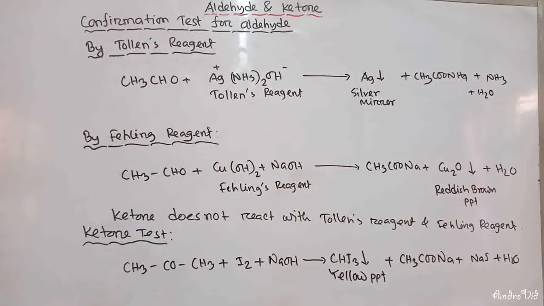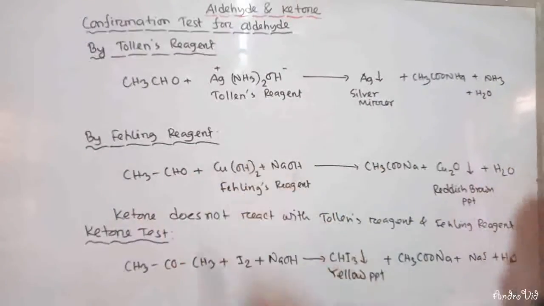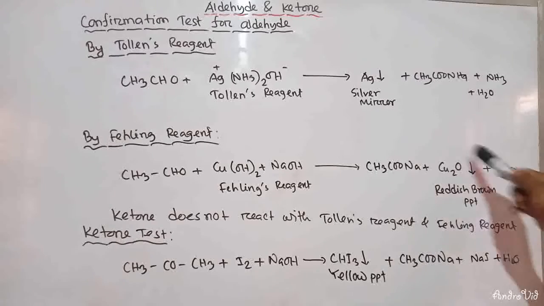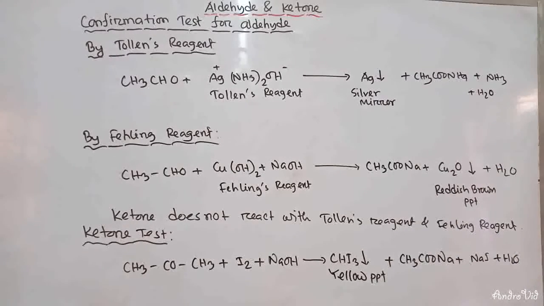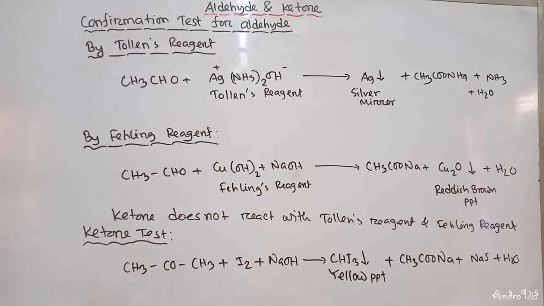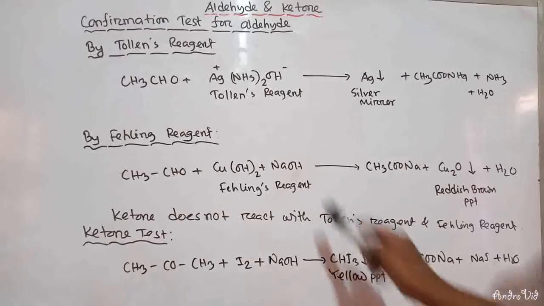Now Fehling reagent, basically basic cupric hydroxide, is called Fehling reagent. When you add Fehling reagent with a solution of this compound, then they produce cuprous oxide. They produce a reddish brown precipitate of cuprous oxide. From this reddish brown precipitate of cuprous oxide, you will be sure that there must be aldehyde present.